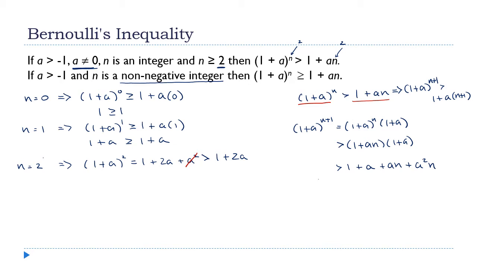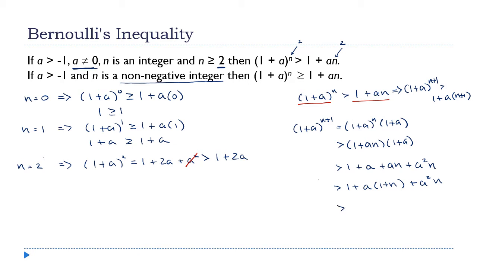Now I'm going to factor out an a from these middle two terms. This is greater than 1 plus a times (1 plus n), plus a squared n. All right, well, a squared times n is a positive number, right? So if I take this away, the result is even smaller.